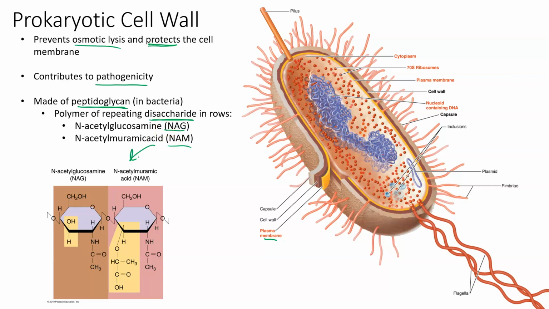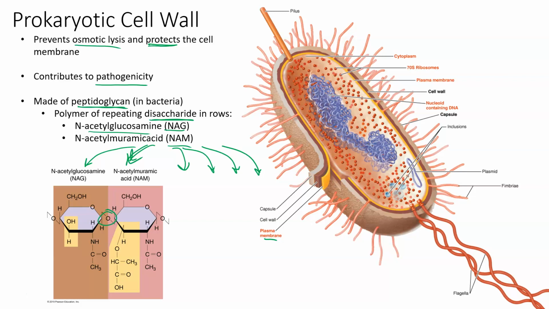NAG stands for N-acetylglucosamine, and NAM stands for N-acetylmuramic acid. You will have repeated NAG, NAM, NAG, NAM, NAG, NAM if we extrapolated out this image. But you have these repeated bands of these disaccharides that come together and are bound by a covalent bond to form polymers, in this case a polysaccharide.